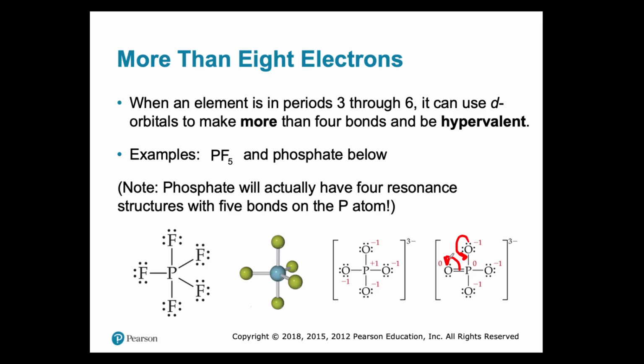Fluorine is more electronegative than phosphorus is. So all the electrons are going to be on what? Fluorine. And then phosphorus will be in the center. It just needs 5 bonds to be happy, because it's got 5 valence electrons just like nitrogen does. The difference between nitrogen and phosphorus, though, is what? 1 pair of electrons from nitrogen is already a lone pair, so that's why it only has 3 bonding electrons.